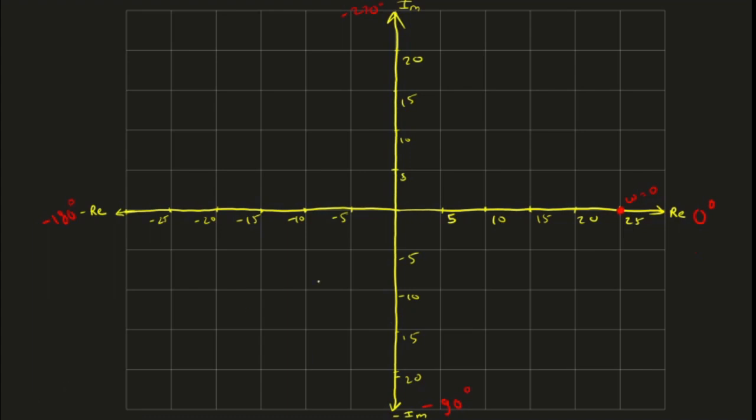So minus 72 degree will come somewhere around here. Let's say this is minus 72 degree. I'll get magnitude at 60. So this will be the second point with omega equal to 1.